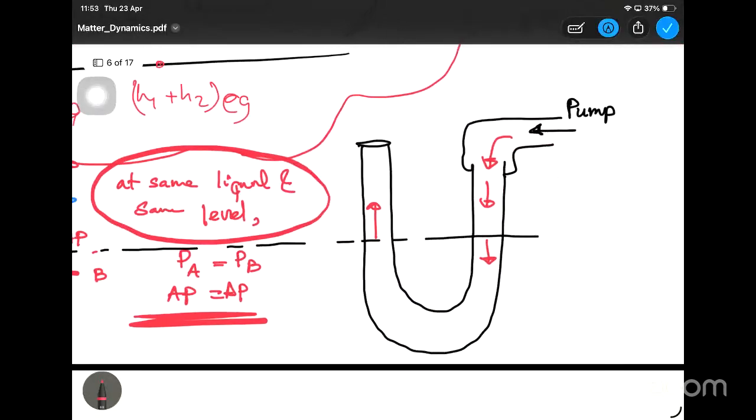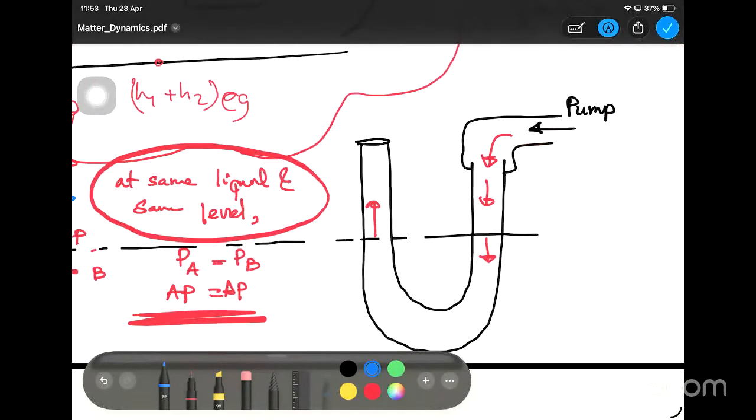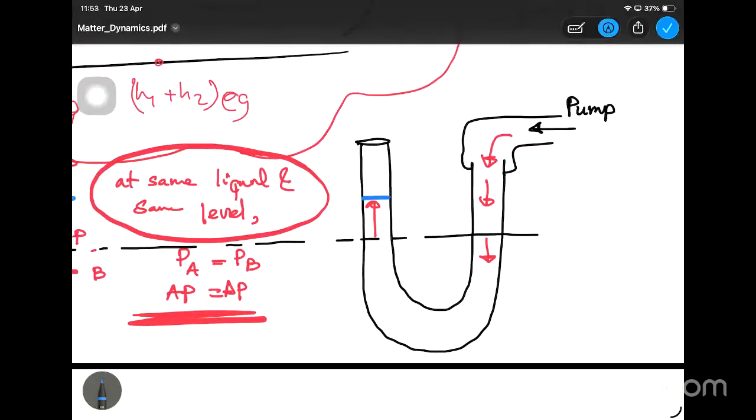This is a normal scenario. So this liquid level will go up and this liquid level will go down. Now I'll say the external pressure is P, and the atmospheric pressure is AP. So this is our liquid level. Now it is like this.